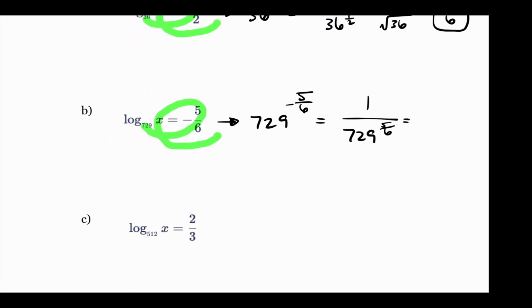Okay. So 5 is the power, 6 is the root. So in other words, I have 6 root 729 to the 5th power.